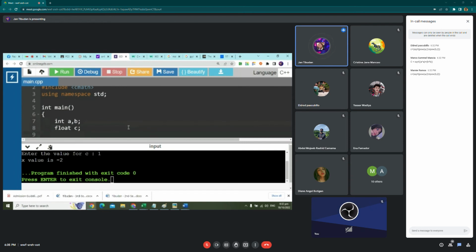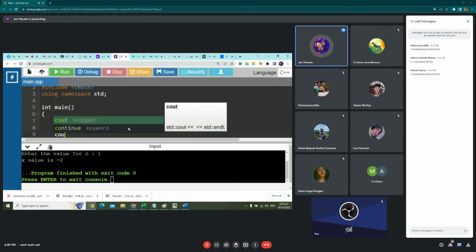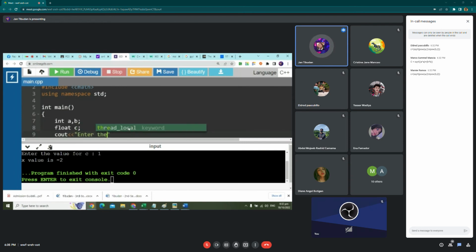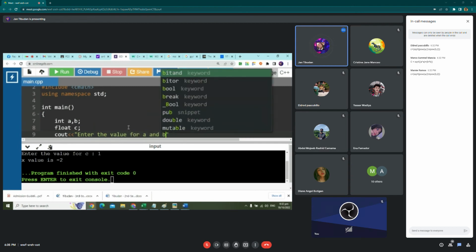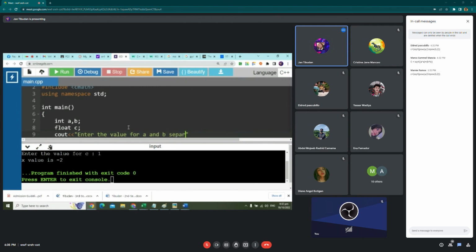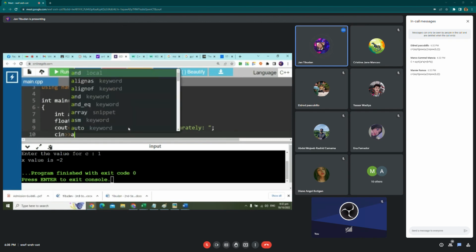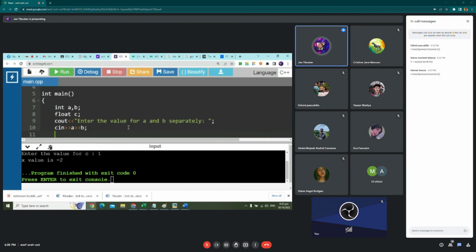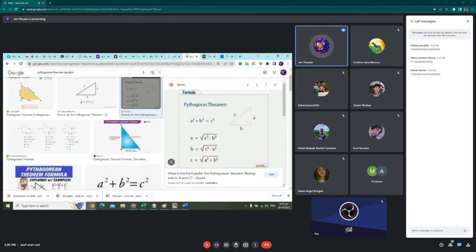Okay? So, let's have here C out. Enter the value for A and B separately. Okay. Then Cn, A, then B. Then C is equal to, so katuing nyo hindi pakita, class, very good kayo to.